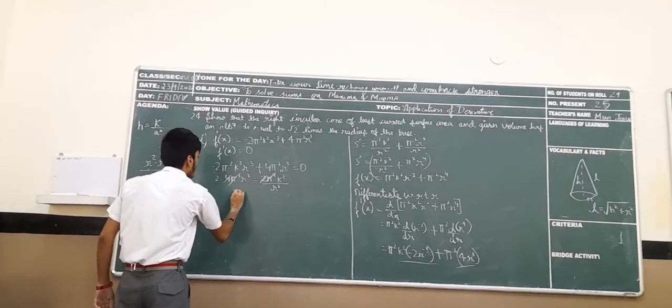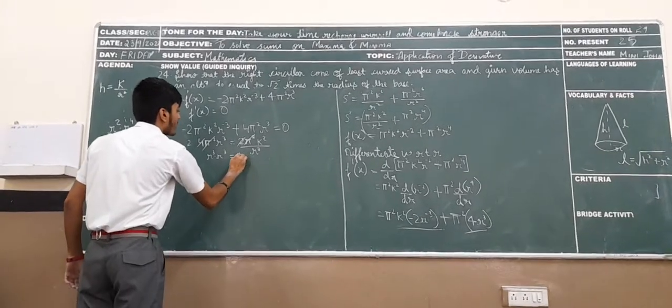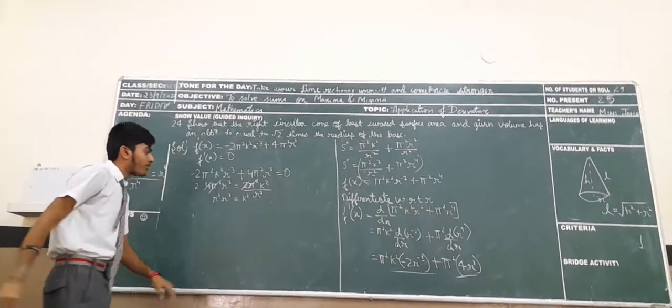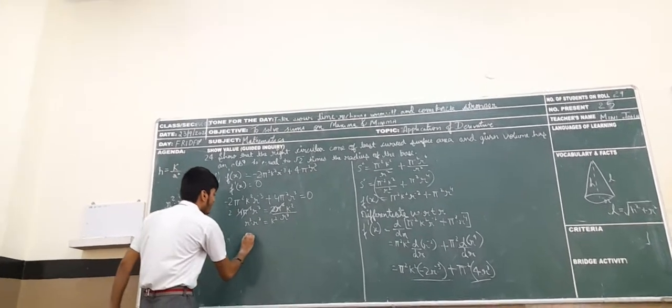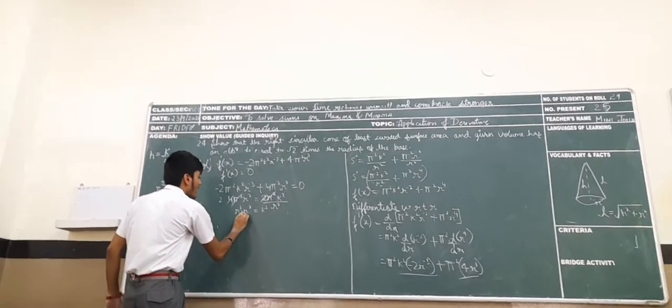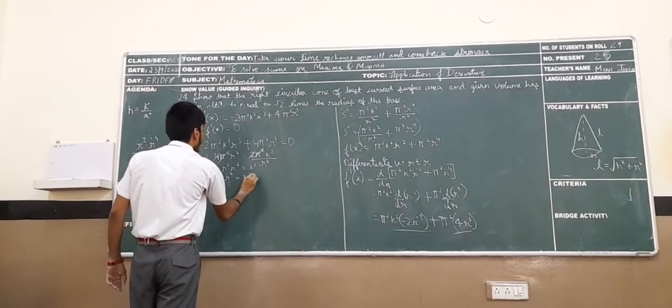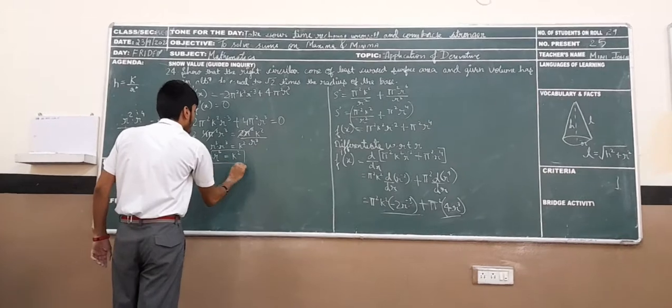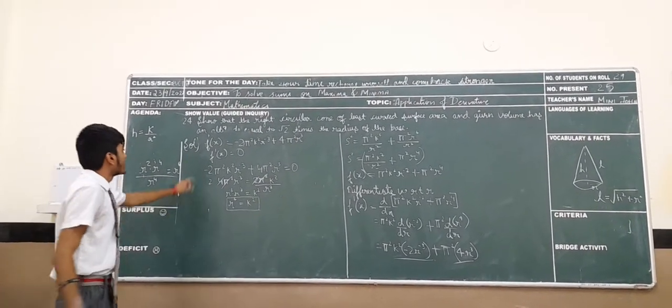It will be r cube into r cube is equal to k square. Now, as we know the law of exponents, according to that we will add the powers. It will be r to the power of 6 is equal to k square. Now, we will double differentiate this.